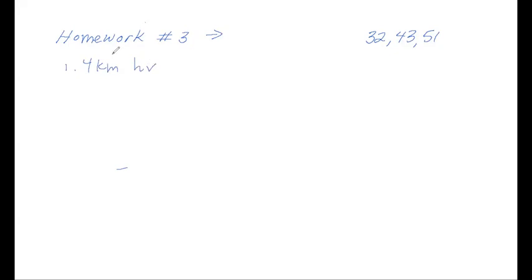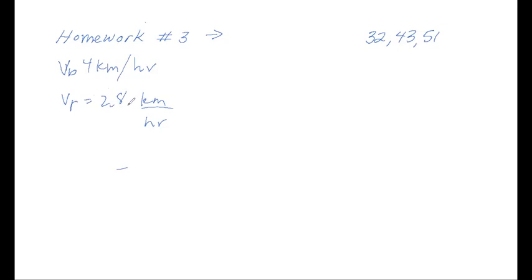And the other walks on the shore at a constant speed of 4 kilometers per hour. The velocity of the river is 2.8 kilometers per hour.